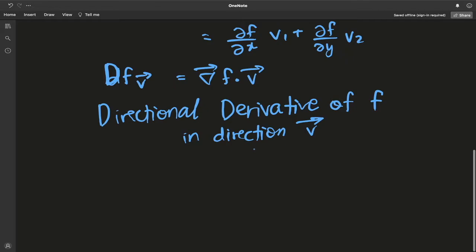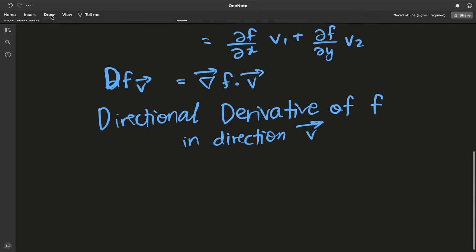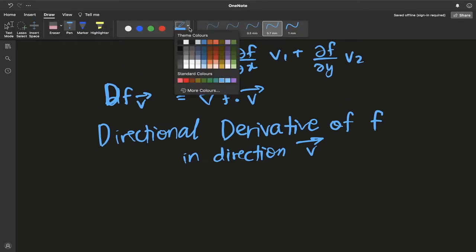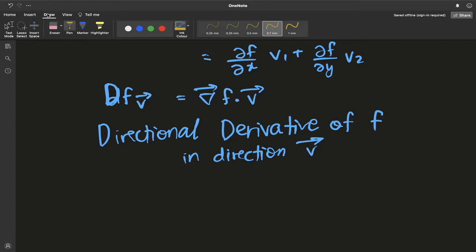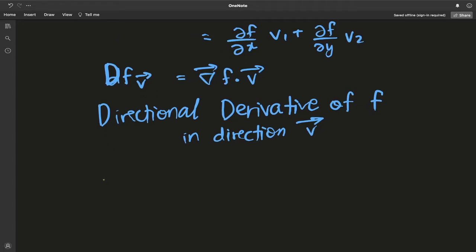Now why is this helpful in helping us understand the direction of the gradient? That's because, let me use another color because we are talking about something else. How about yellow? Okay, so we have this. So when is this the maximum?